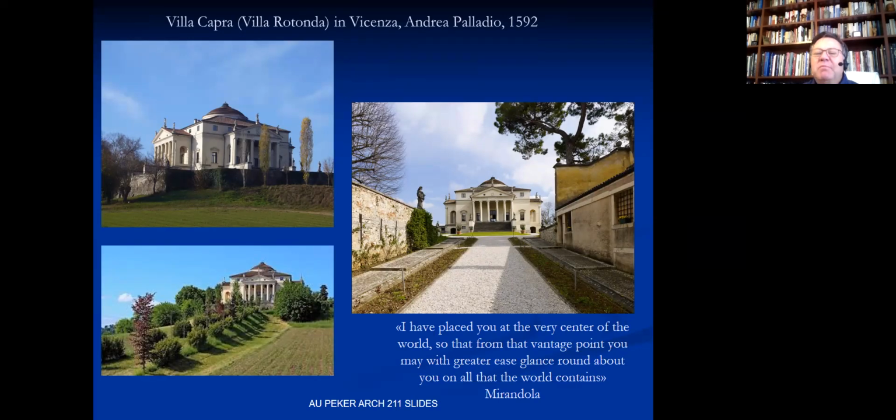Mirandola stated, God speaks to Mirandola: I have placed you at the very center of the world, so that from that vantage point you may with greater ease glance round about you on all that the world contains. Then traveling to a villa is the same as trekking in nature. Reach the vantage point and see the environment from there. This is the idea.